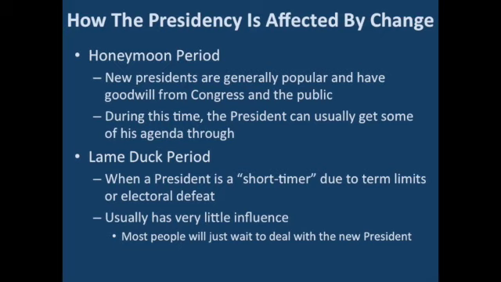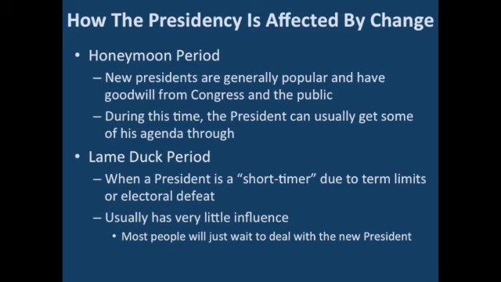When a new president first comes into office, they tend to have a measure of goodwill from the public. They haven't done anything to become remarkably unpopular yet, for example. So they have some level of trust and, as I said, goodwill from both elected members of Congress and from the people nationwide.